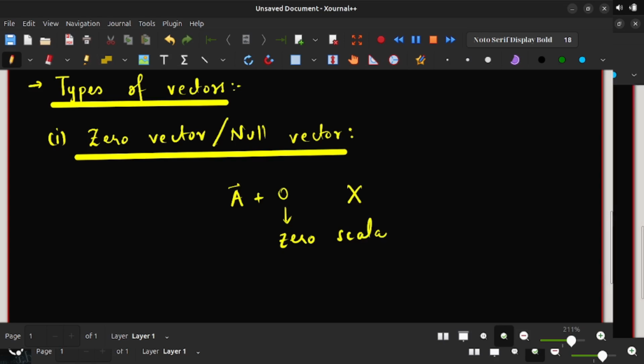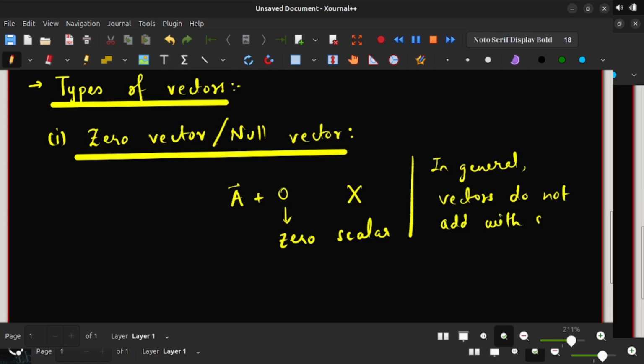And in general, you should remember, vectors do not add with scalars. Vectors only add with vectors.